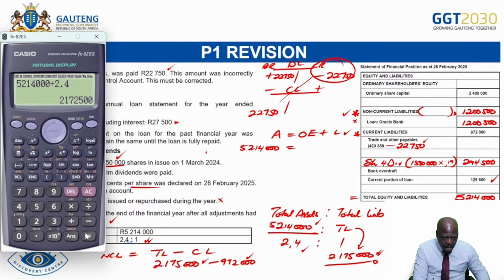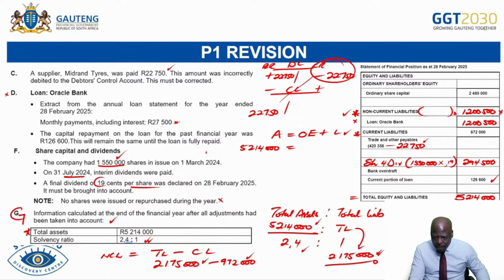And it would give me 2,172,500. And then we subtract 972,000. All right, that gives me 1,200,500, which is correct here. So I made a mistake in taking this figure down.